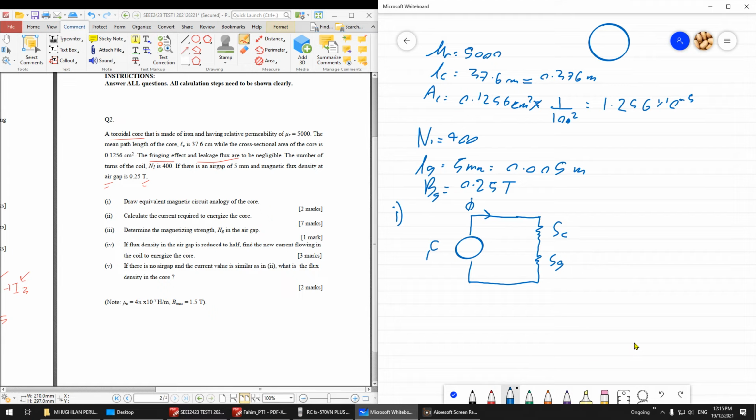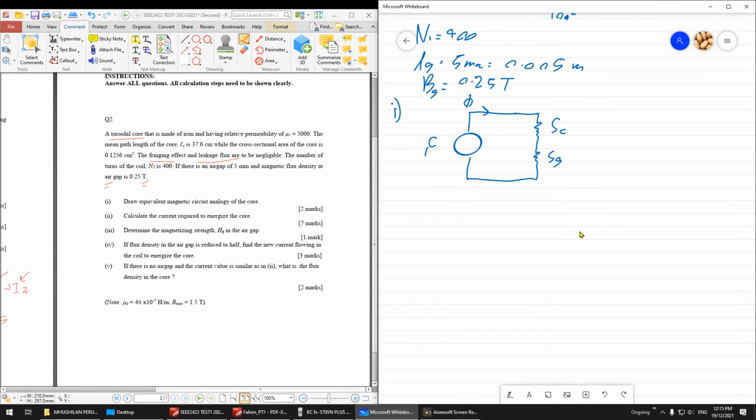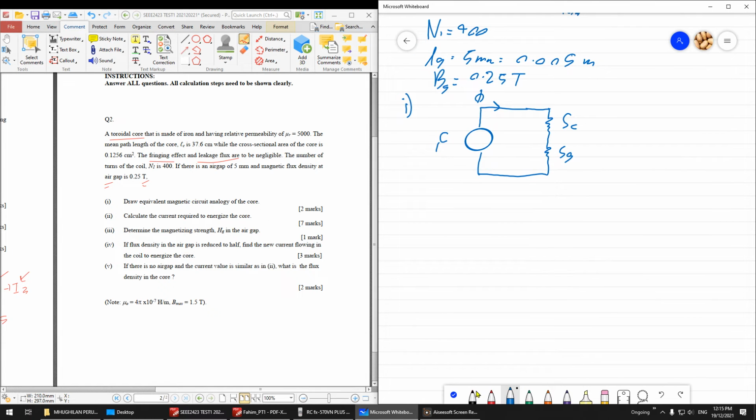So for this case, you have 2 options, remember? This one you have to be careful. You can use either F equals to H L, or F equals to S flux.